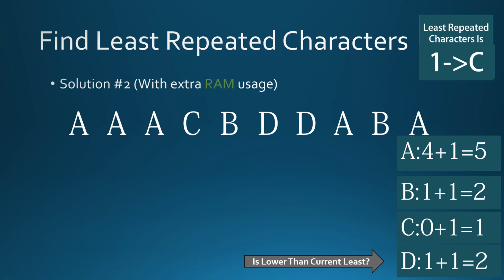That's the amount of iterations that we're going to need to find the least repeated character. So now we have the result of 1, which represents the result of C, which has just a single count, one count of the repeated character.